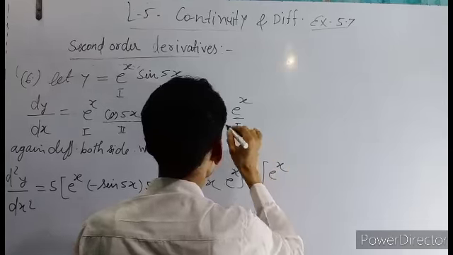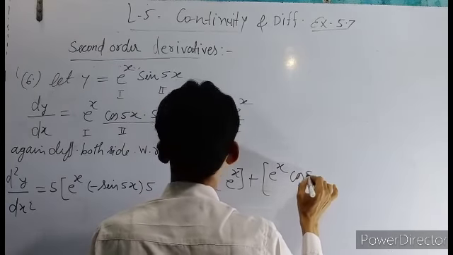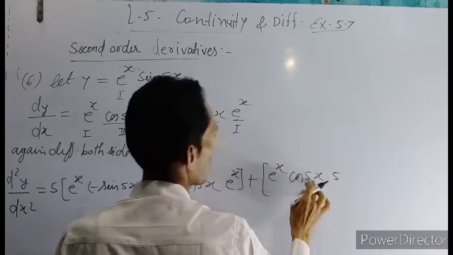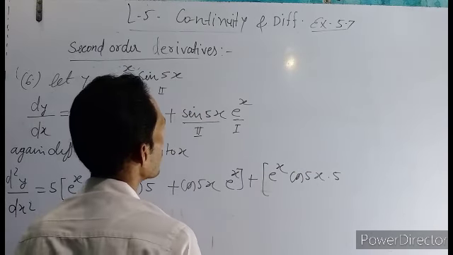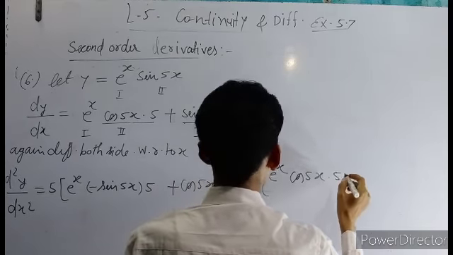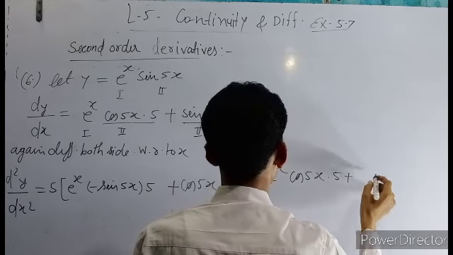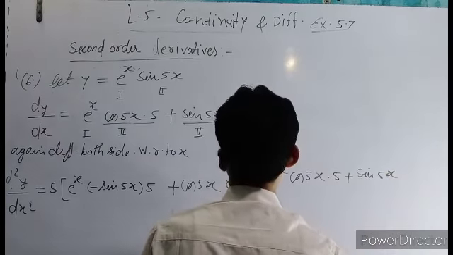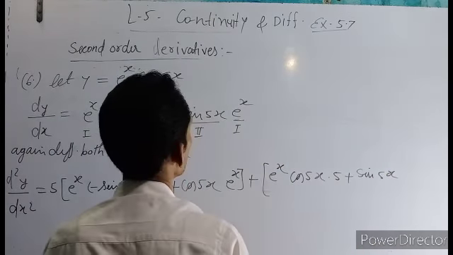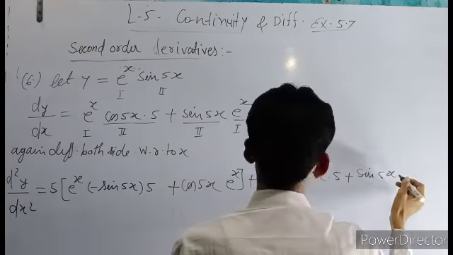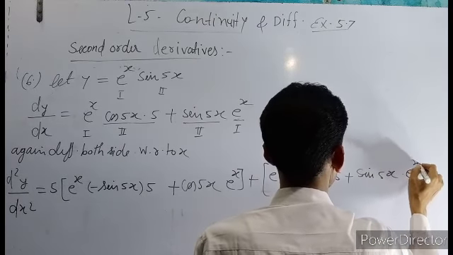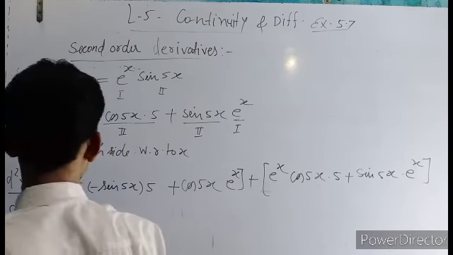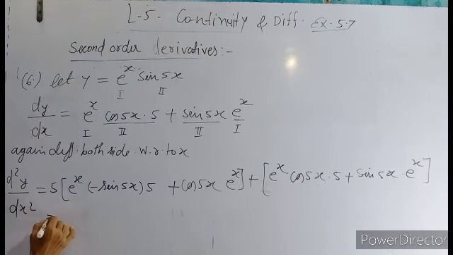First as it is, second derivative cos of 5x into derivative of 5x, 5 another function, plus second as it is sine 5x into another one, e raised to the power x as it is. Okay, so in this way we can find and simplify all this.